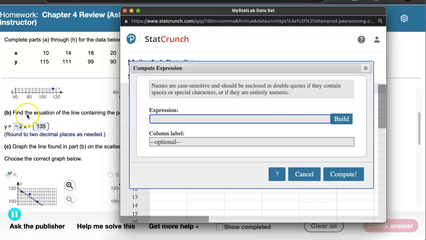Remember, this is the prediction of what should happen. So I can probably just type this one in exactly like I see it, actually. So let's do -2 times, now notice I'm using the asterisk here for times, x plus 135.